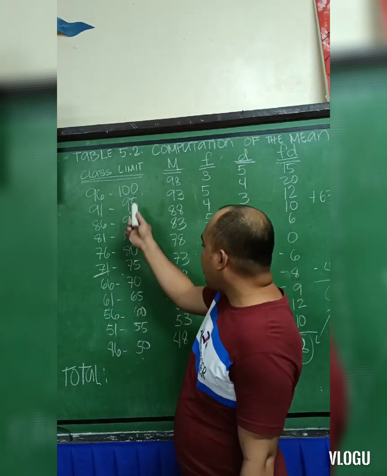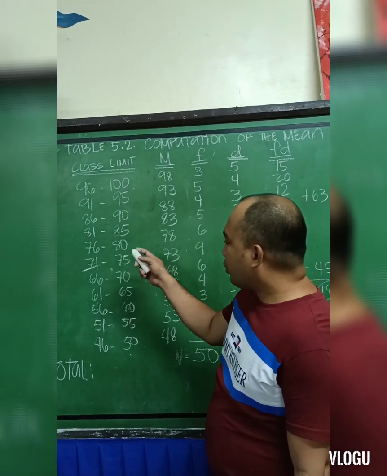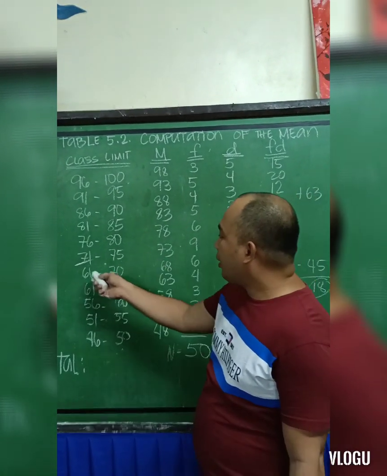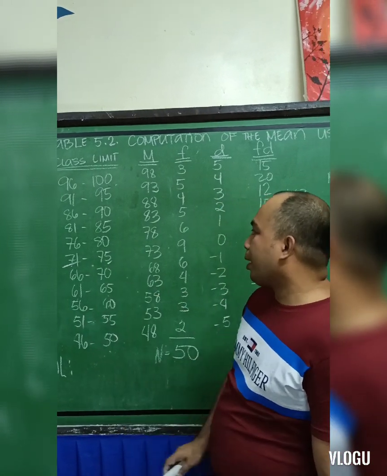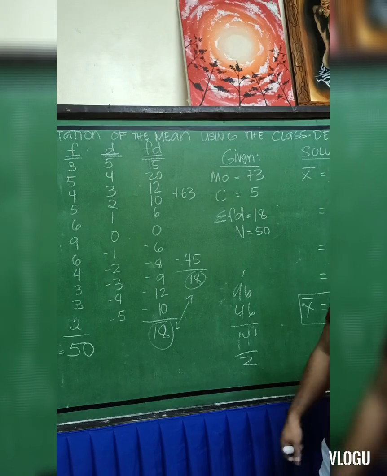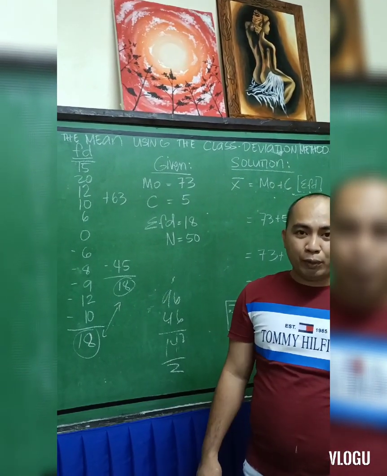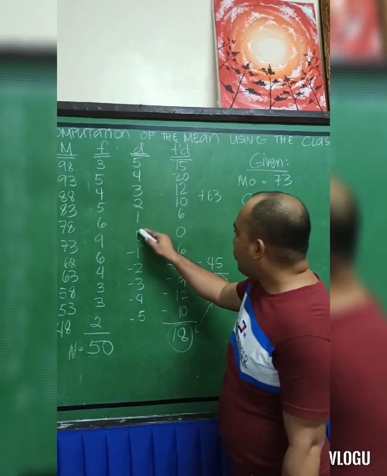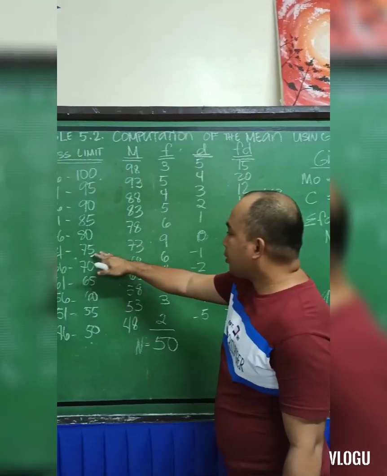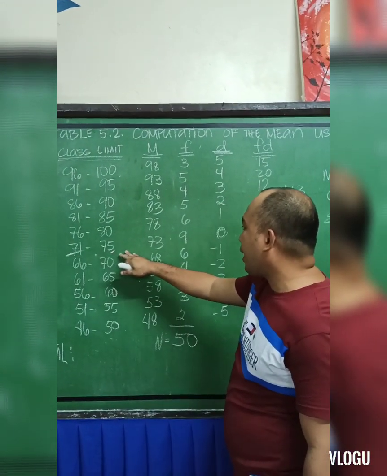So meaning to say, our arbitrary origin that we're going to choose from the center of the class limit is 71 to 75. In our deviation, we always start from 0. So we just put 0 here. So this is our center of the class limits, which is 71 to 75.